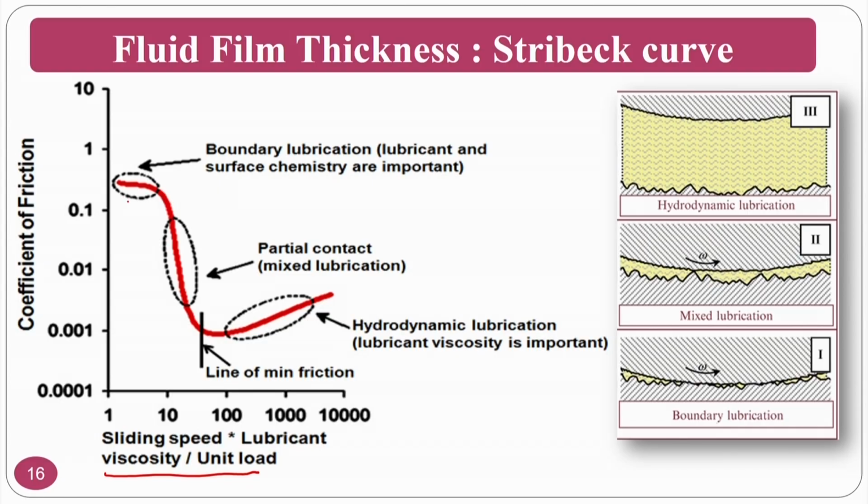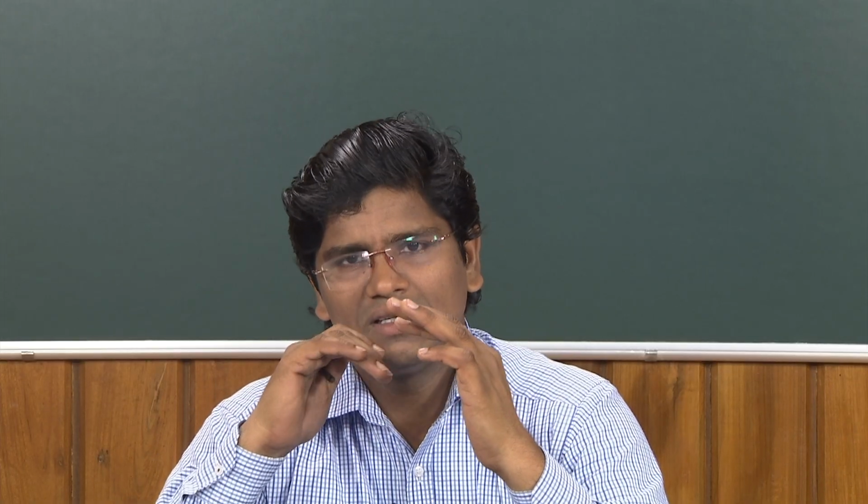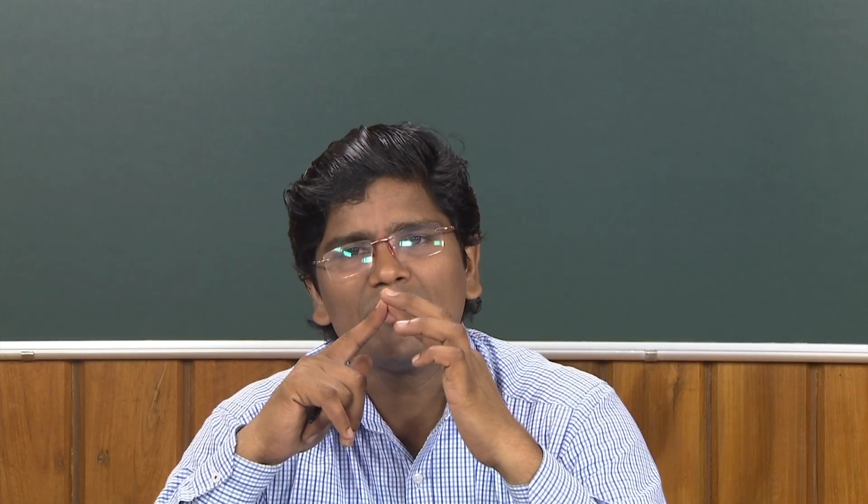This particular image shows the boundary lubrication. That means there will be physical contact between both surfaces. Assume you have an abrasive grinding wheel and the workpiece. The contact region between the abrasive particle and the workpiece is nothing but the boundary lubrication.